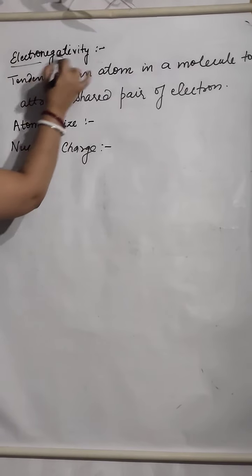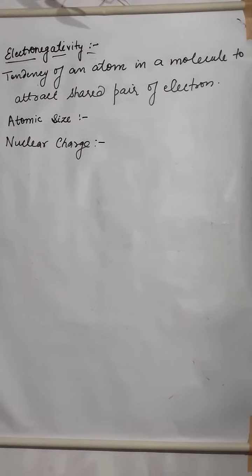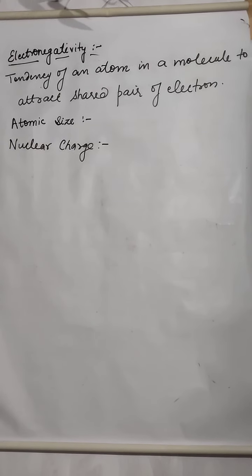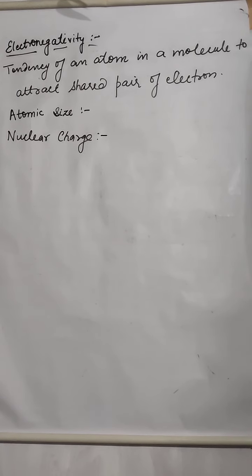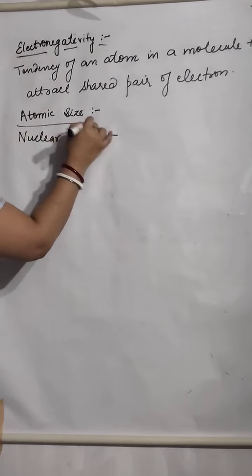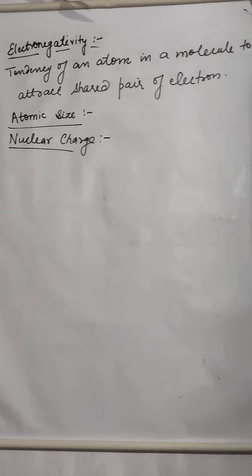Now the next topic is electronegativity. What is electronegativity? The tendency of an atom in a molecule to attract the shared pair of electrons towards itself. This is called electronegativity. And electronegativity depends on two factors: atomic size and nuclear charge.